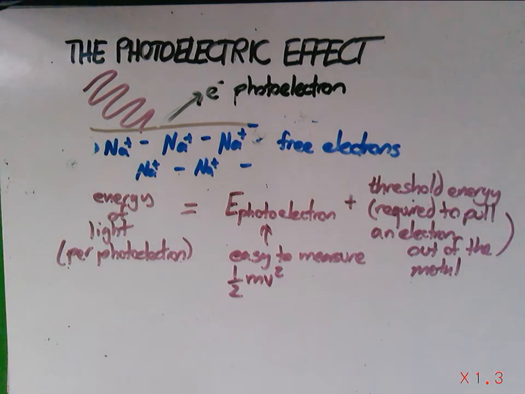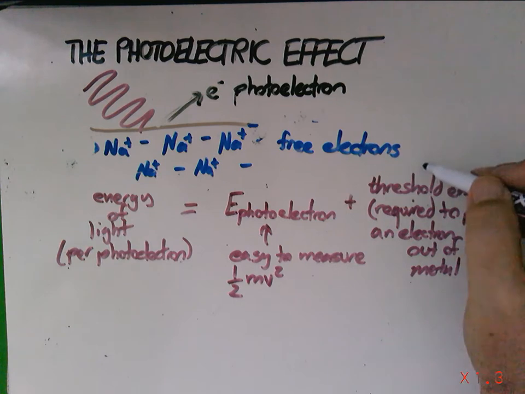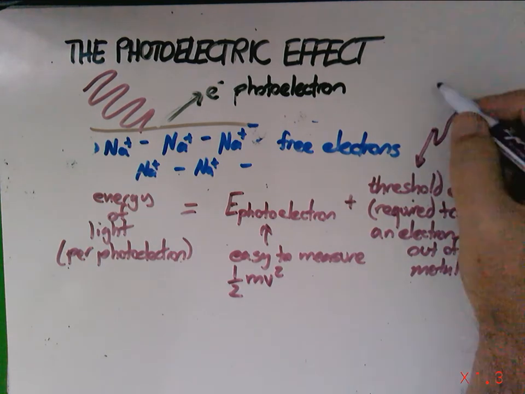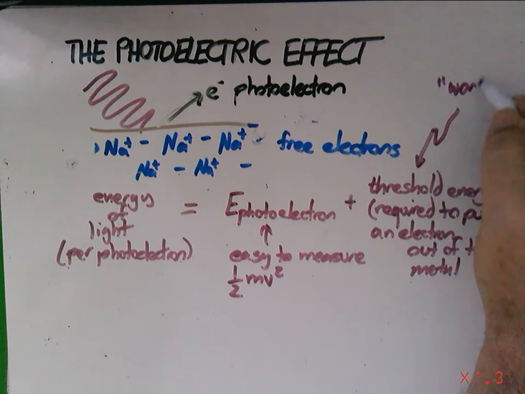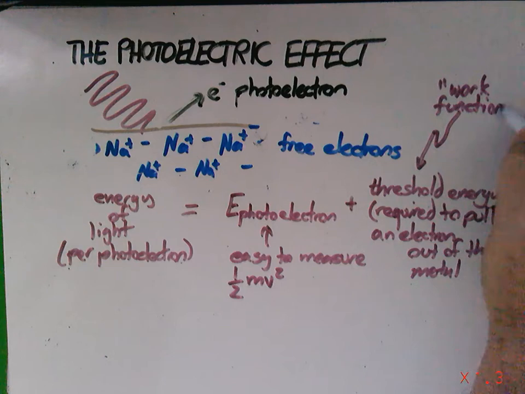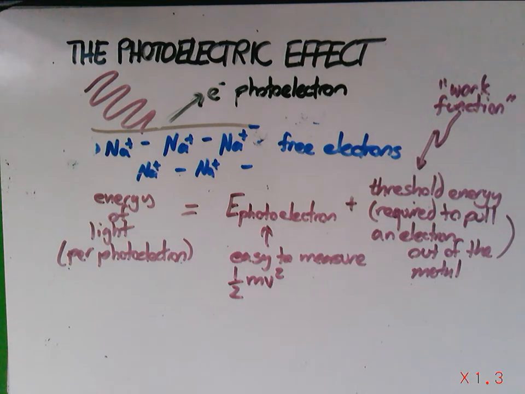Now, people in physics call this threshold energy a work function for the metal. So that has another name. Sometimes if you're looking at another book, you will see them call this the work function. And they'll even give it a symbol. Sometimes they'll call it a phi.